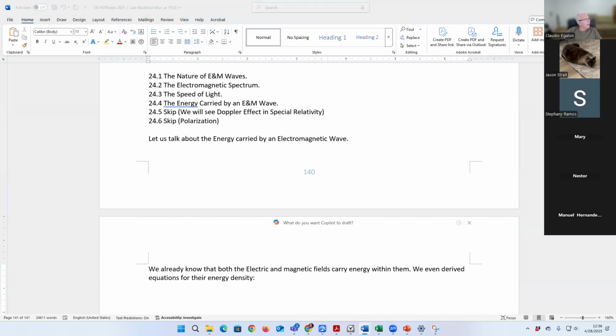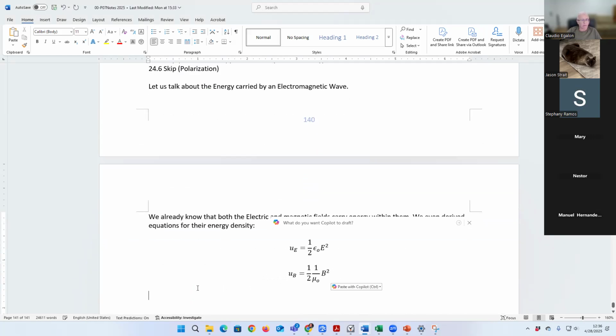The density of energy of the electric field, and the density of energy of the magnetic field. They're very similar to each other. You have the same factor half. We have the square of the electric field, and it's just the constant that is slightly different. One is multiplied by the epsilon naught, the other is multiplied by the inverse of the mu naught. Okay?